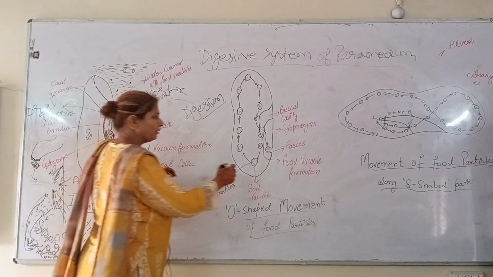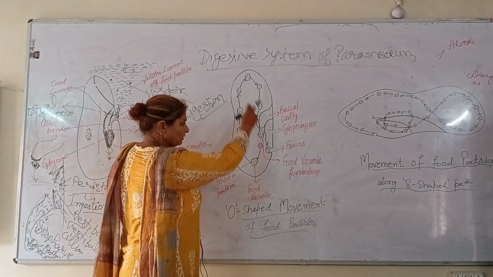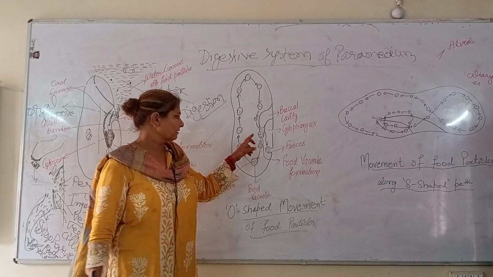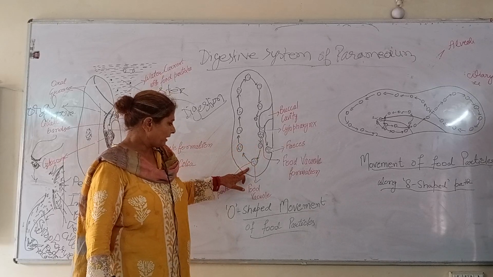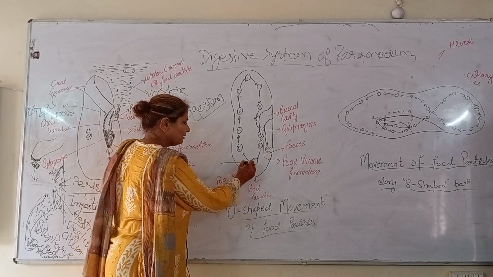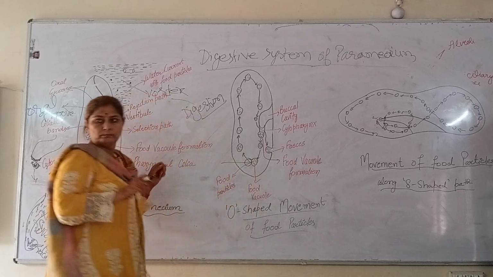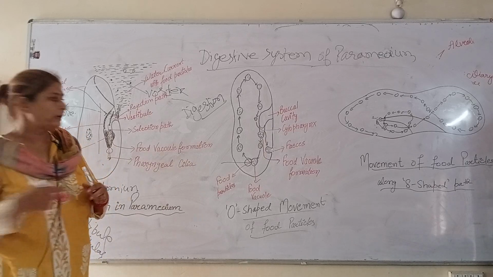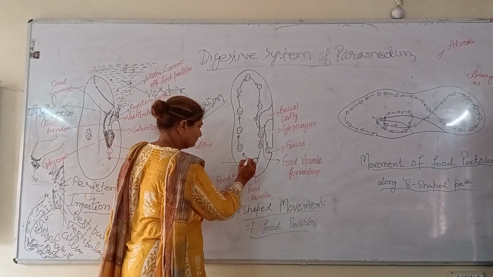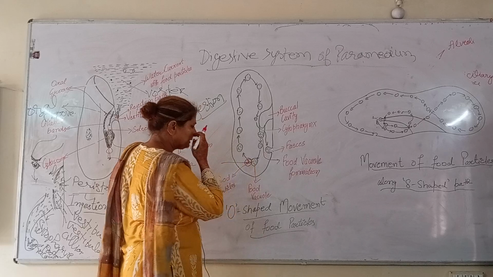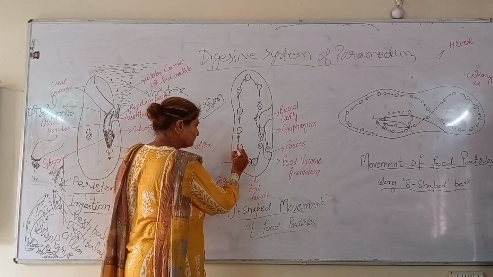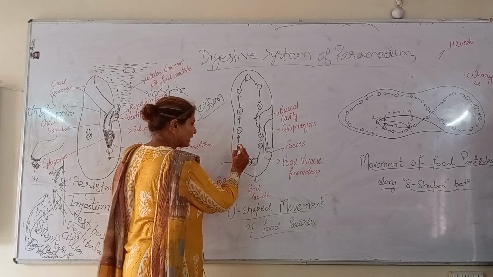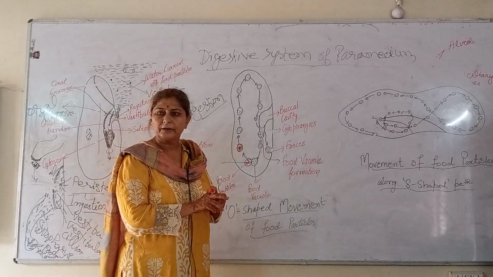In the case of this, the food vacuole is like here. Here the lysosome attaches with it, which contains the digestive juice, so it becomes one structure containing digestive juice as well as the food vacuole.